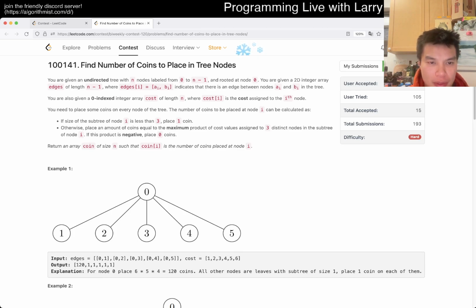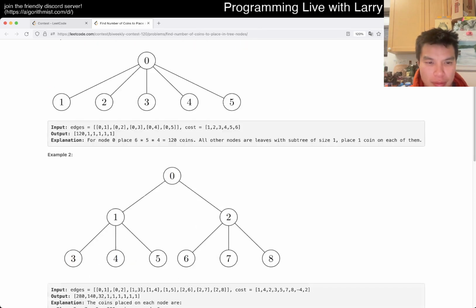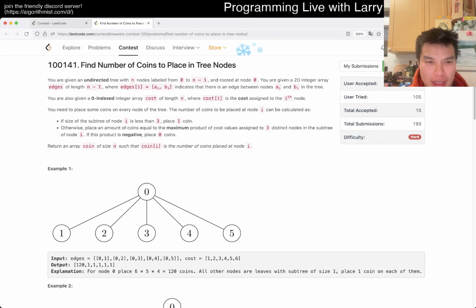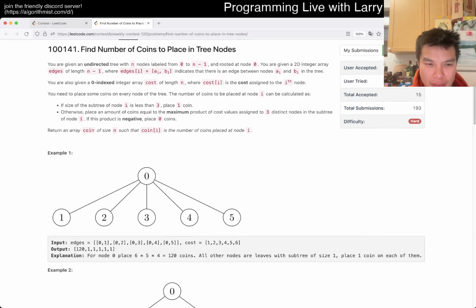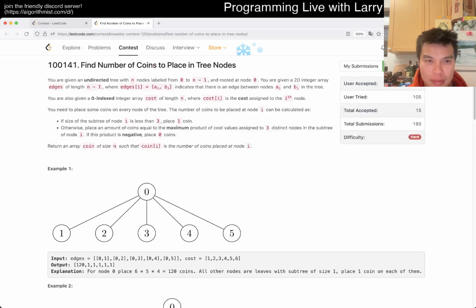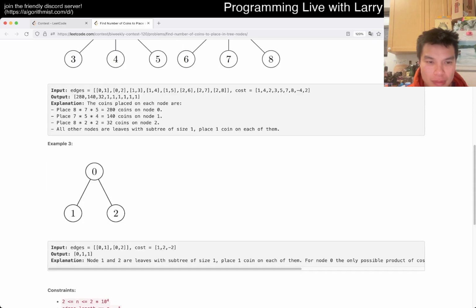The size of the subtree of I is less than 3. How do I place? Okay, so there's a coin in 1, 2, 3, 4, 5. Is that it? And then here, just 3 distinct nodes in subtree. Maximum product. I don't get it.